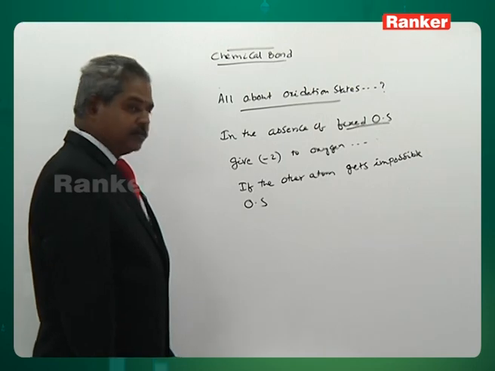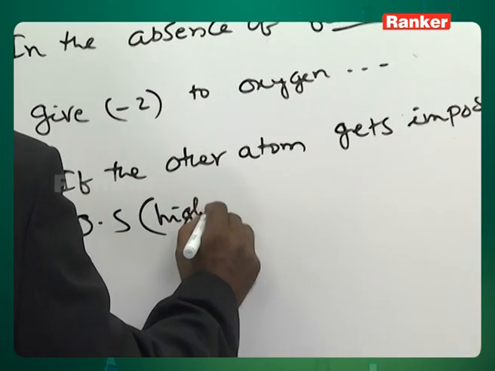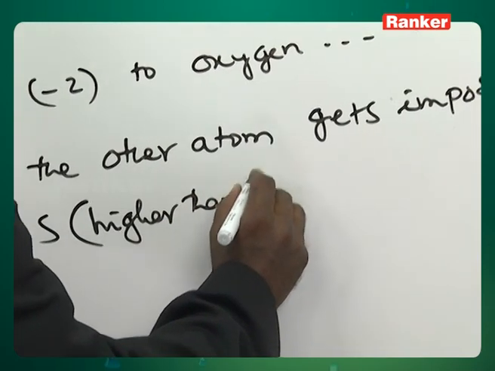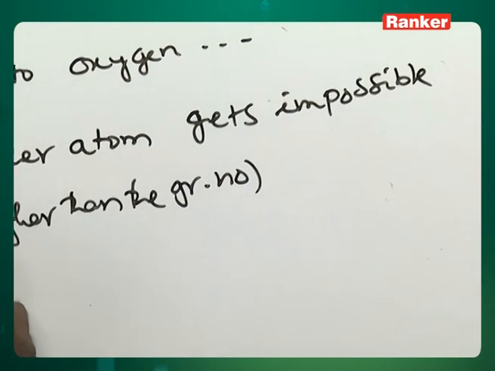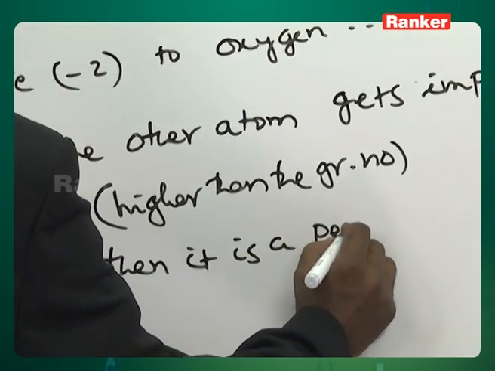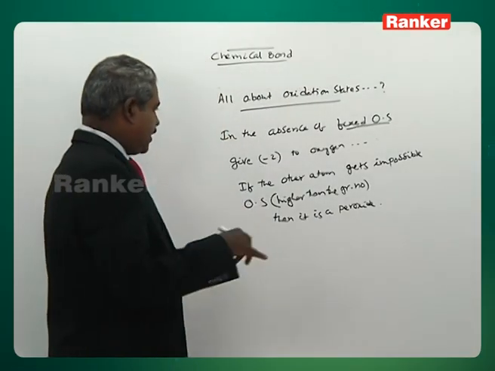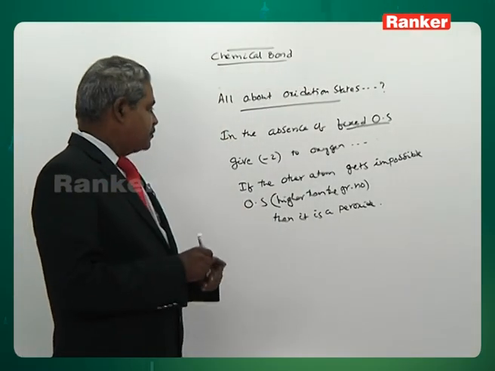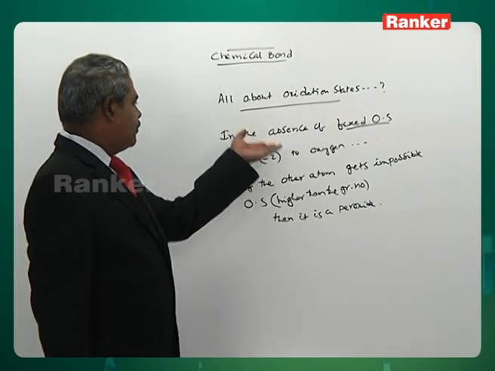what do you mean by impossible? Higher than the group number. Higher than the group number, then it is a peroxide. It means oxygen becomes minus 1. If oxygen is minus 2, others are becoming 2 plus, too much, too high positive charge.